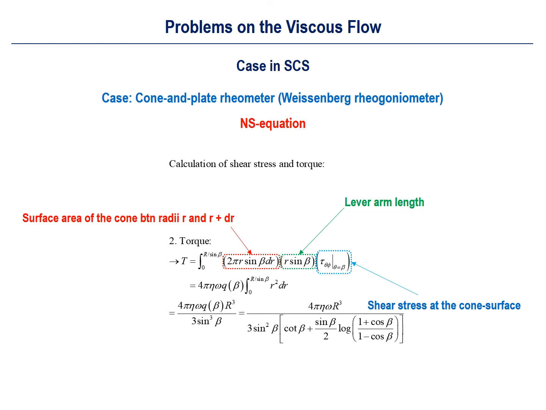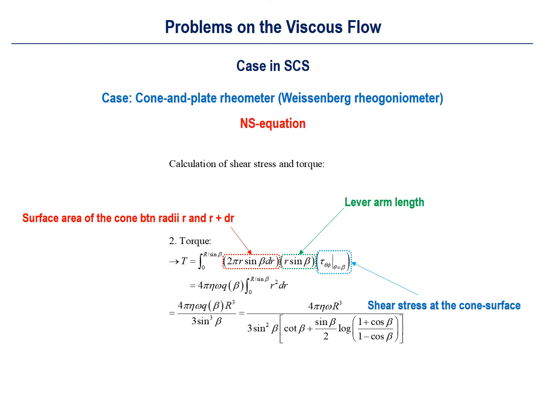Actually, from the shear stress at the surface of the cone, it is possible to calculate the torque T, which is equal to the integral of the arm's length multiplied by the shear stress over the surface area of the cone. And the calculation will give you the final value of the torque T as a function of the angular velocity omega, radius r, viscosity eta, and cone angle beta here too.